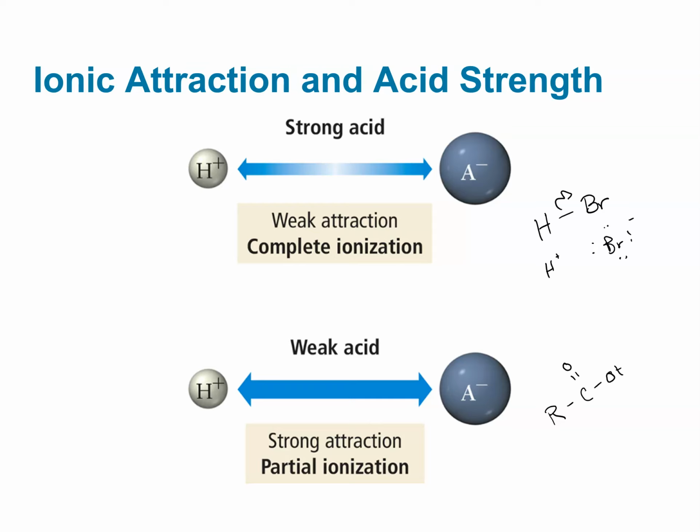And let me draw in this extra bond for clarity's sake. If we have some discussion around this, this is a fairly strong bond. It doesn't want to just get rid of this proton.